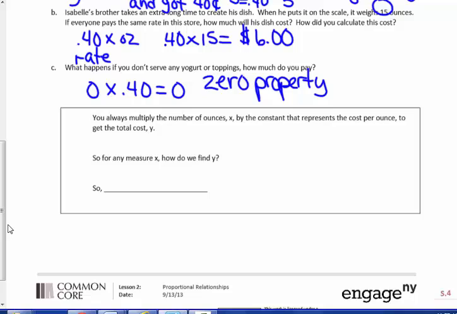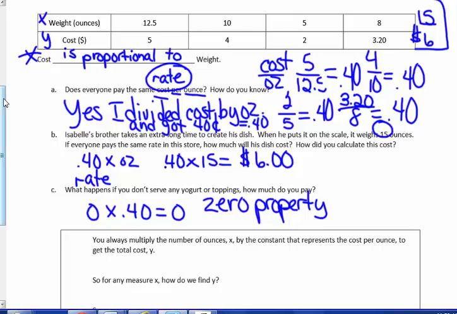You always multiply the number of ounces. The opposite of dividing, I divided to get cost per ounce. Like it said here, to do this division, I divided. But I could turn this around and do the inverse of division and multiply.